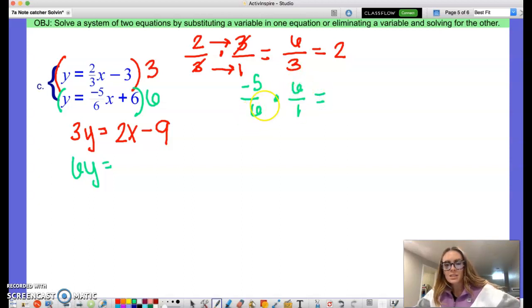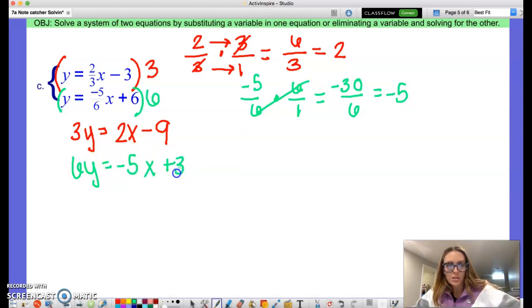Well, I can see the 6's are going to cancel out right away, but if I don't, I get negative 30 over 6, which is really just negative 5, right? So now I have negative 5x plus 36.